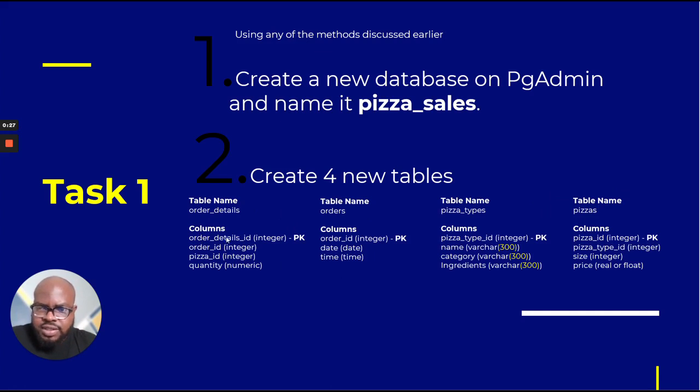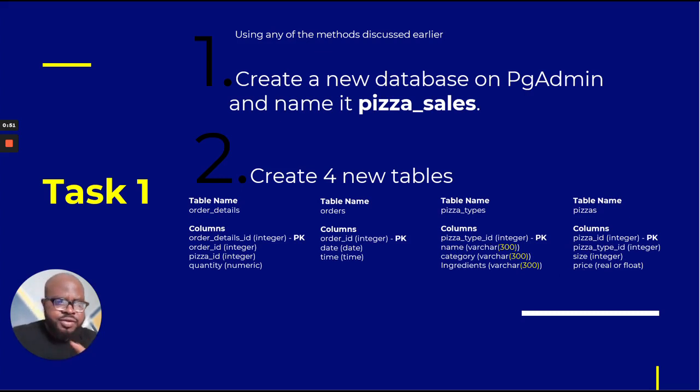So we have order details ID, order ID, pizza ID, quantity. Orders has order ID, date and time. Pizza types has pizza type ID, name, category, ingredients. The pizzas table has pizza ID, pizza type ID, size, and price.